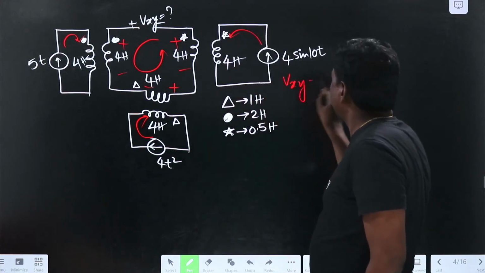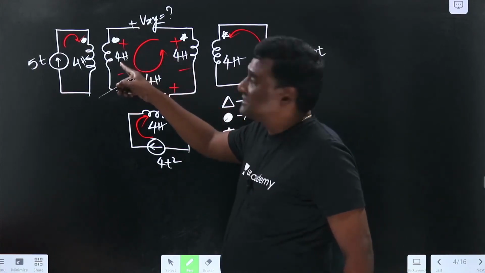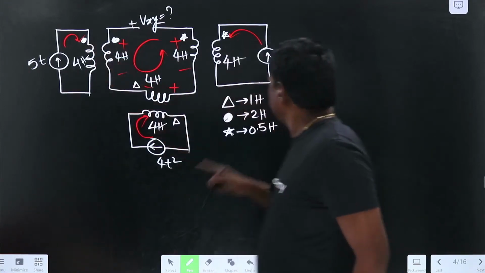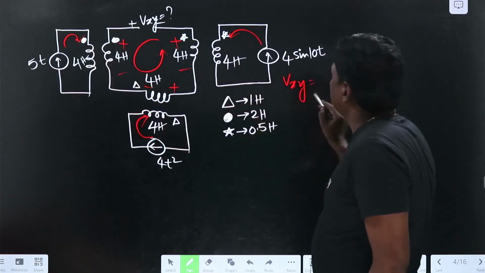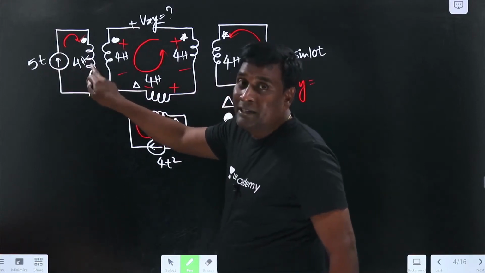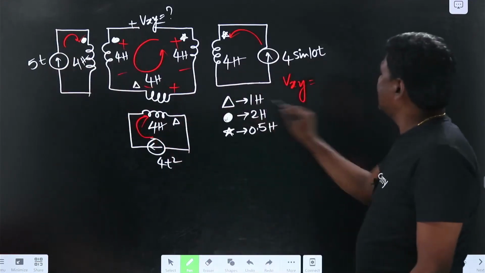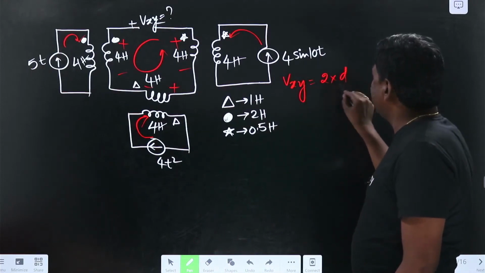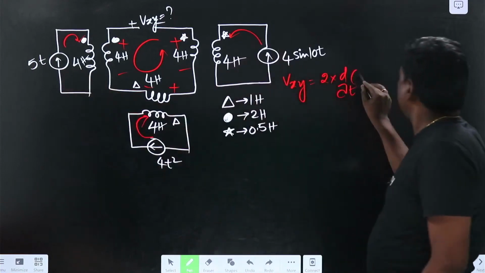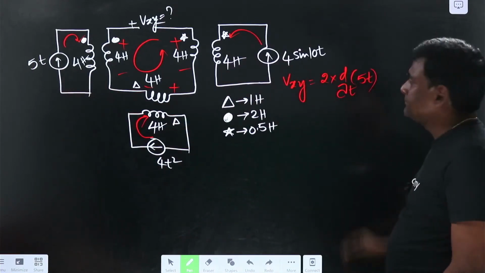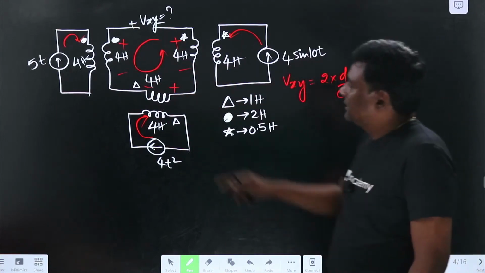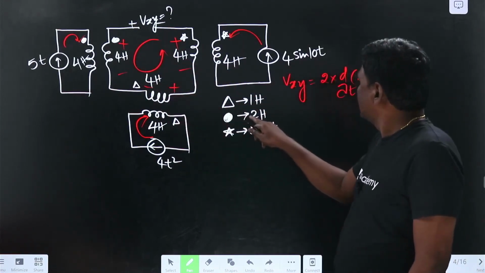So Vxy equal to plus of this. How much is this? This is circle, 2 henries. So Vxy is going to be, with respect to here, m di by dt. So what is this m? 2 into d by dt of 5t, and after that minus, and triangle is 1.